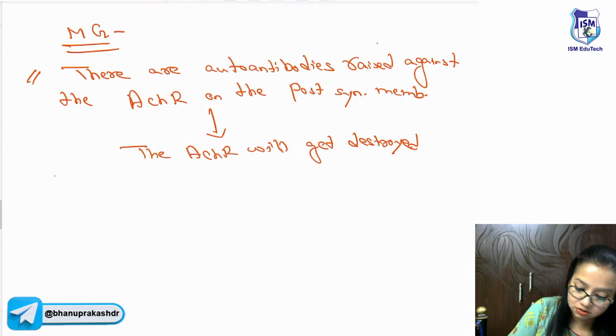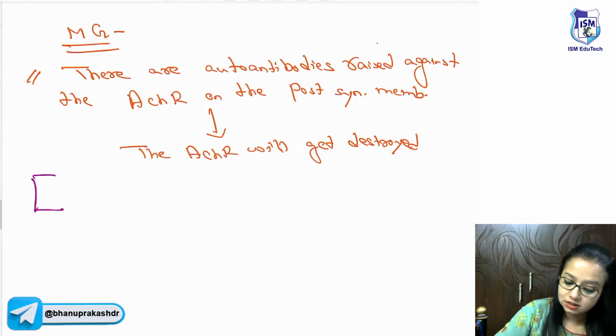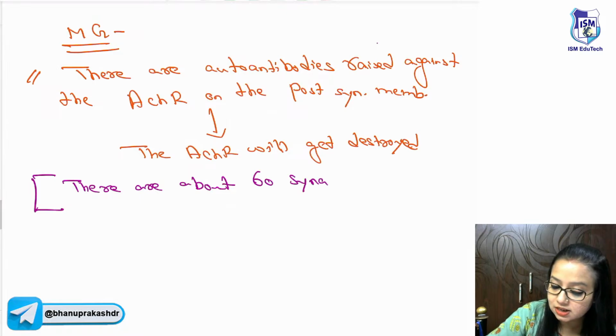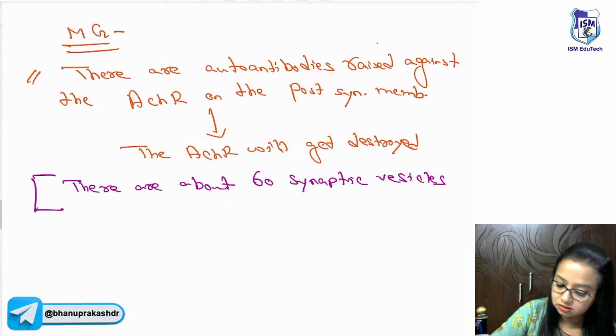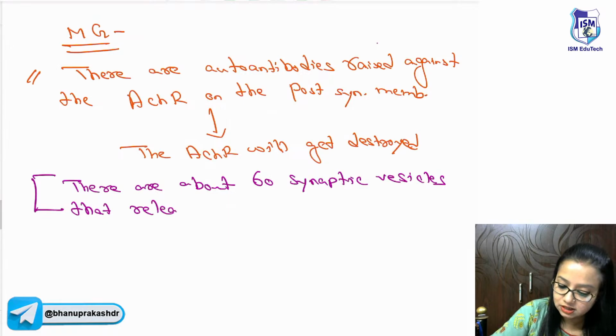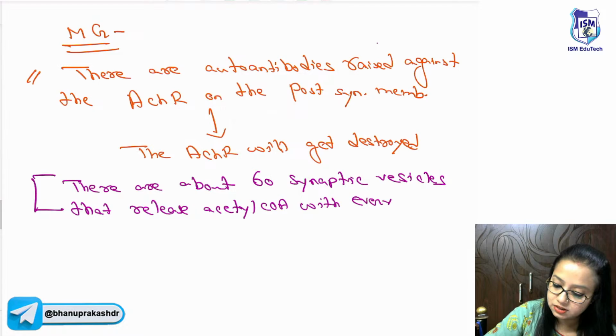So in context to that, one quick thing, just remember there are about 60 synaptic vesicles that release acetylcholine with every stimulus.